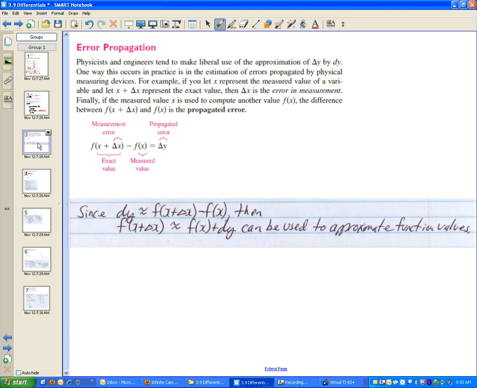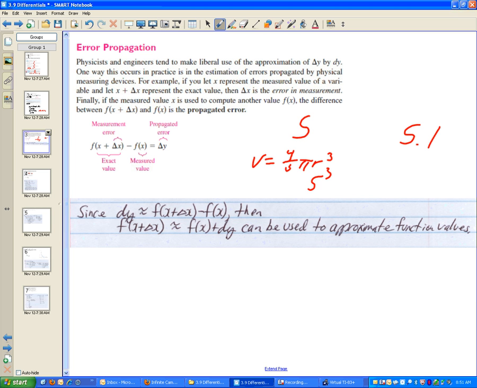All right, so let's go back to that sphere. We measure its diameter. We get 5. It's really 5.1. Then we use that to compute its volume. So we're doing the volume. What is the volume of a sphere? 4/3 pi r cubed. Is that it? Is that all there is? So we're doing that, and we're putting a 5 in there.